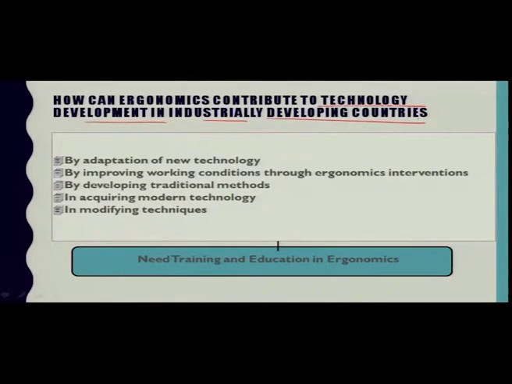This can be achieved by adaptation of new technology which is already present in Western countries, by improving working conditions through ergonomic interventions. It can also be done by developing traditional methods in acquiring modern technology and also in modifying existing techniques.